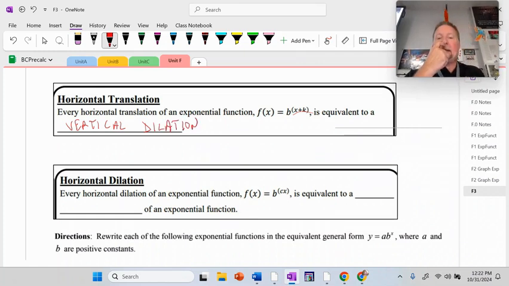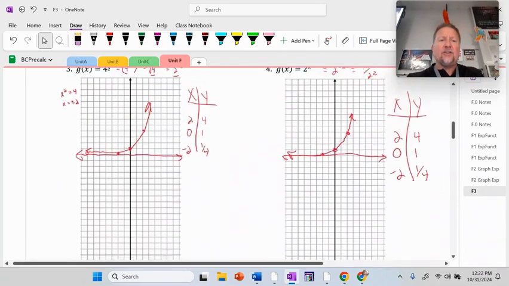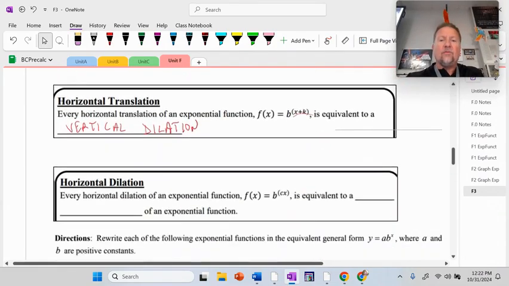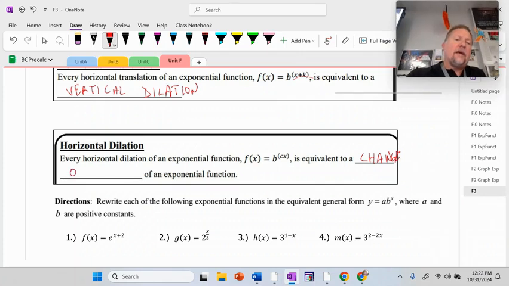You have to analyze it. And whenever you have that, this actually changes the base. So it is equivalent to a change of base.